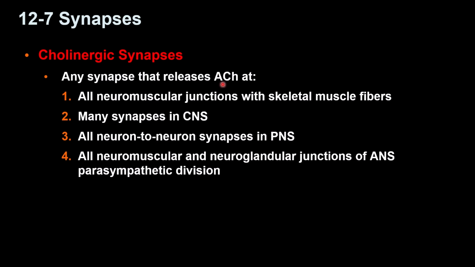They are located in the central nervous system, in the connection between two neurons; in the peripheral nervous system, in the connection between a nerve and a skeletal muscle, and also in the parasympathetic section of the autonomic nervous system. There is also some part of the sympathetic nervous system that has cholinergic synapses, just a few, not a lot.